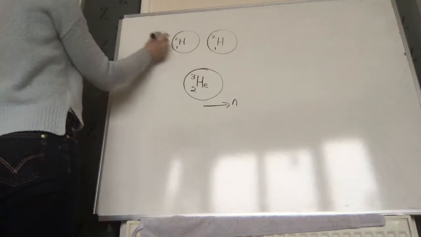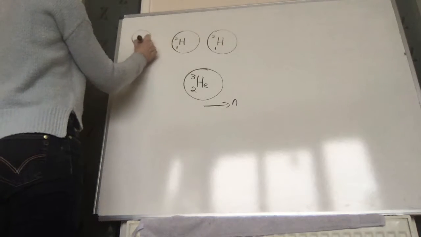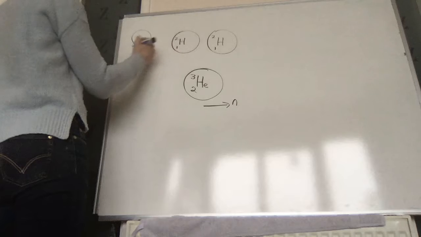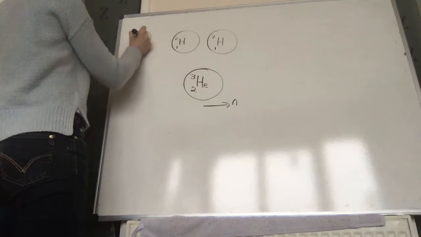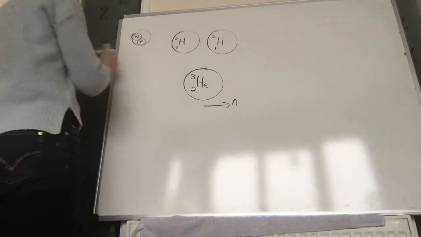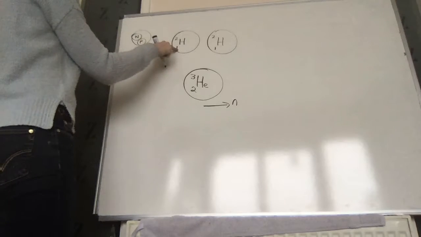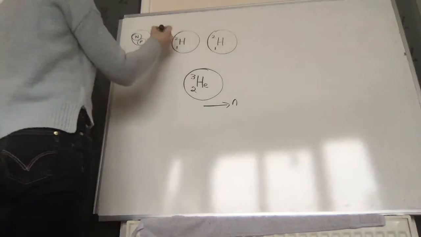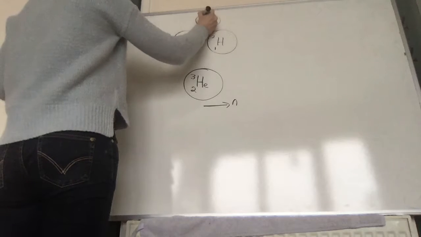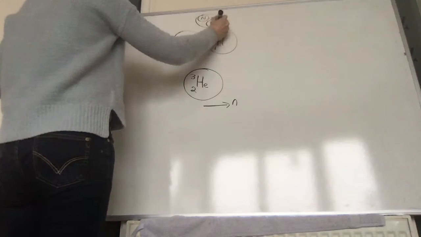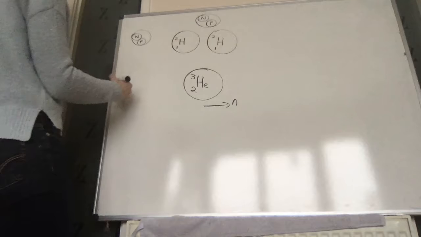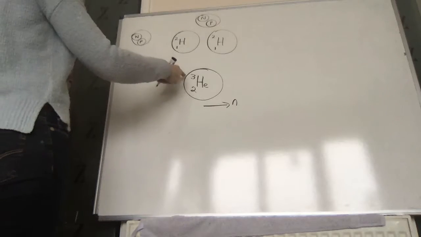Now let's have a look at that. This has one proton, that's what identifies it as hydrogen, and it has one neutron. Okay, so the atomic mass is 2 and there's one proton. This is similar, so this also has a neutron and a proton, known as deuterium, D-E-U-T-E-R-I-U-M.